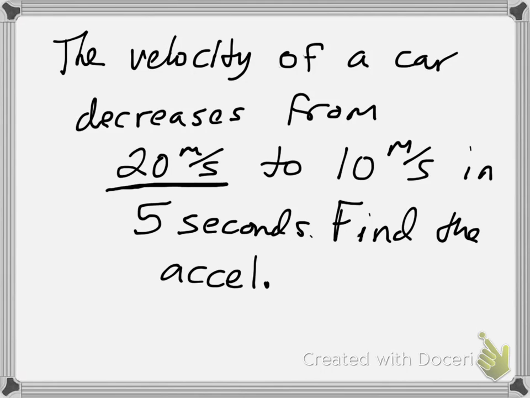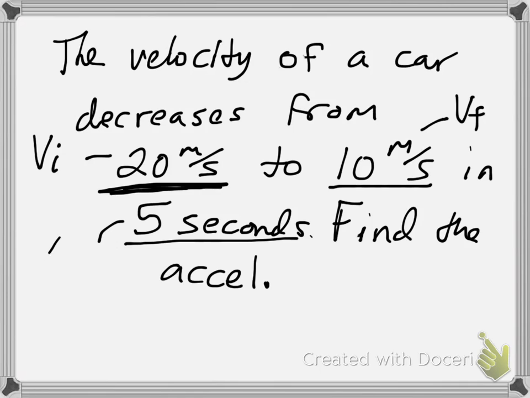Okay, so let's pick the problem apart just a little bit. We know that the car is decreasing from 20 meters per second to 10 meters per second. So 20 meters per second is going to be our initial velocity, and 10 meters per second is going to be our final velocity. Okay, and 5 seconds is our time interval, and we want our acceleration.